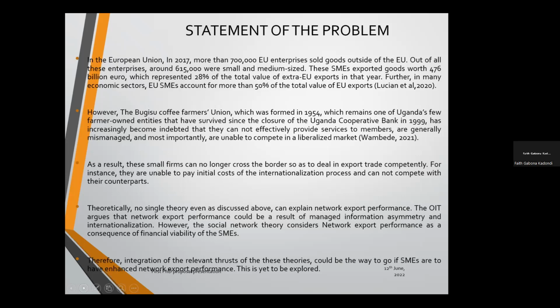These SMEs exported goods worth 476 billion, which represented 28% of the total value of extra-EU exports that year. Furthermore, in many economic sectors, EU SMEs account for more than 50% of the total value of EU exports, according to Lucian et al.